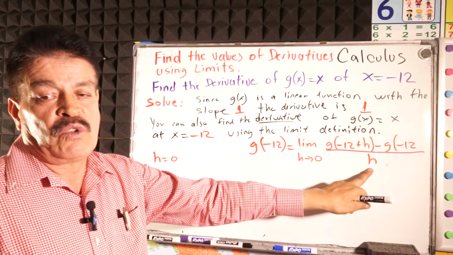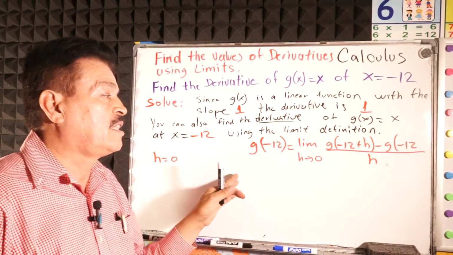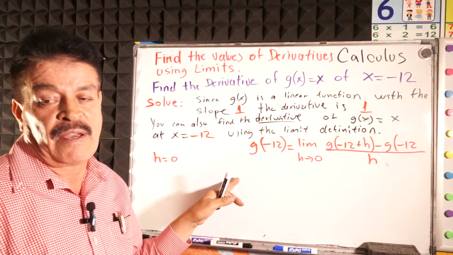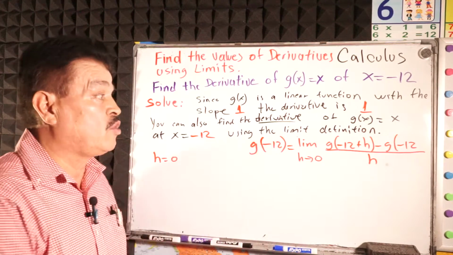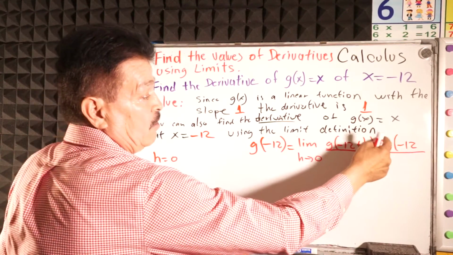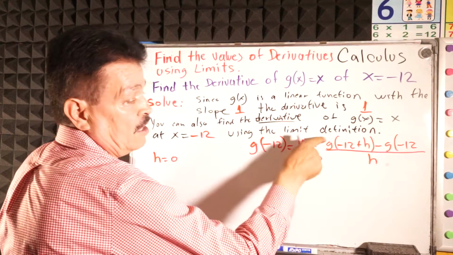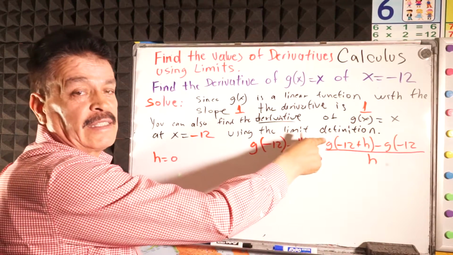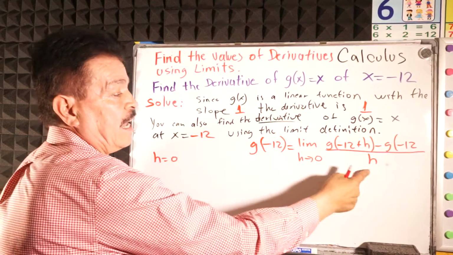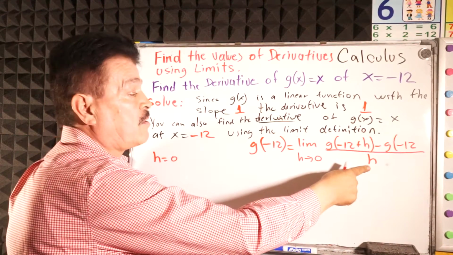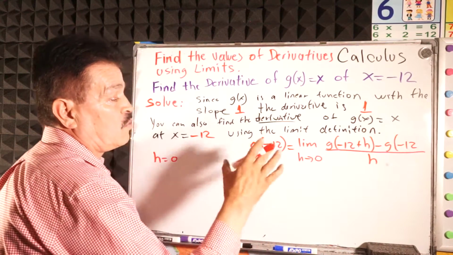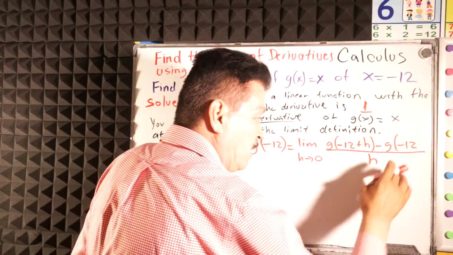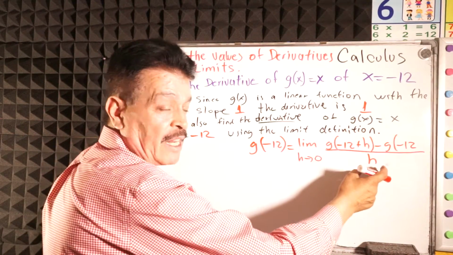It is not allowed. You must simplify the numerator on top, and cancel the h in the denominator. So we have to simplify the numerator, the top one, and then cancel the h in the bottom.